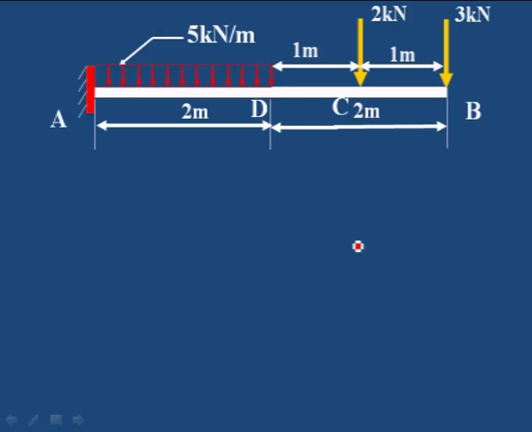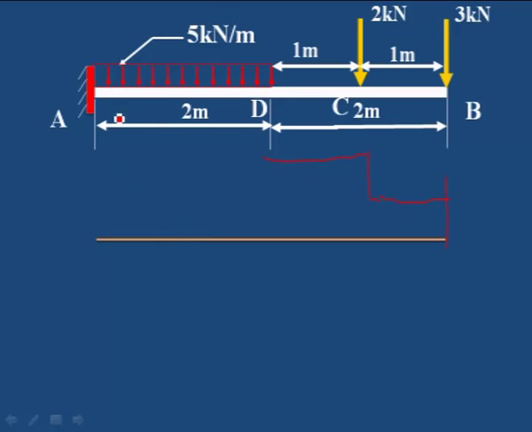Let us draw the shear force and bending moment diagram. First draw the horizontal line, and then see how this diagram will be. First 3 kilonewton is the vertical line, and then no load from here to here, so a horizontal line. Then 2 kilonewton is added, it becomes 5 kilonewton, and no further load is there.